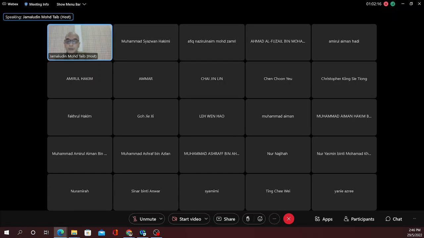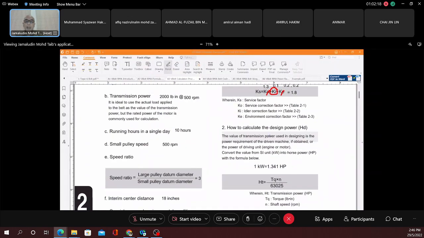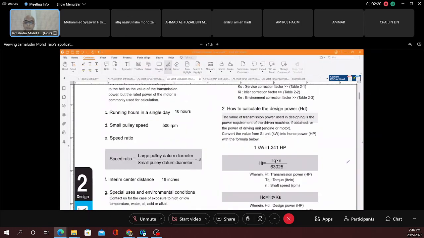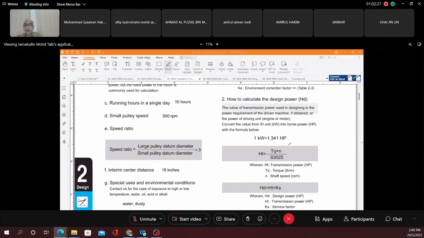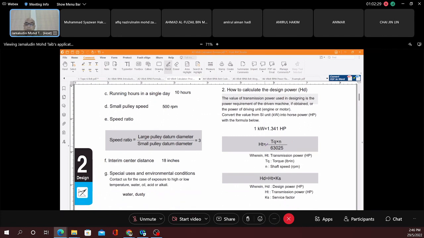Okay. We just follow the steps. Now we have to calculate the power. If the power is in kilowatts, convert to horsepower. For this one, the transmission power is the torque in pound-inch times the shaft speed, divided by 63025.